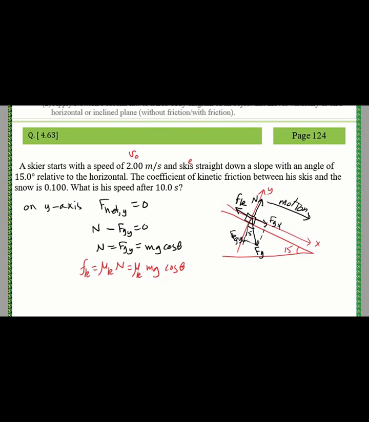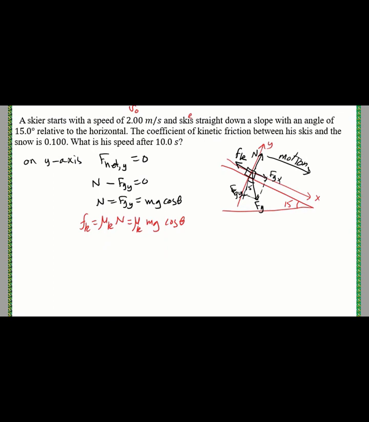Now we will go to the x-axis. On the x-axis, we have F net on the x-axis equals m times a. On the x-axis, we have Fgx on the positive side minus Fk equals m times a.